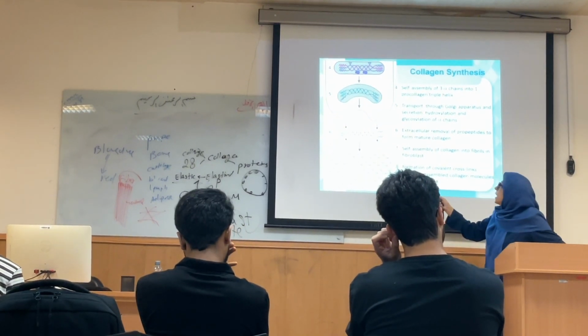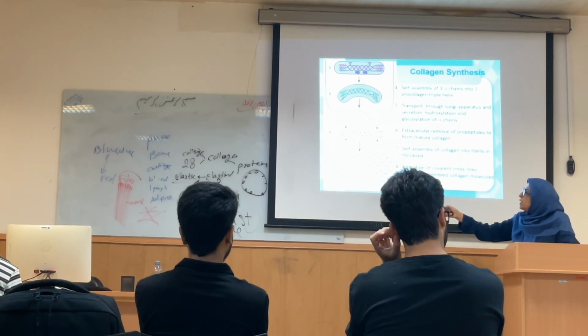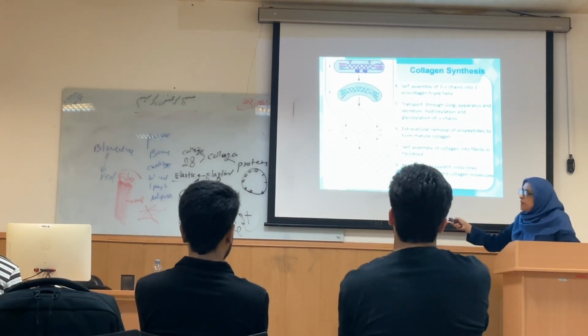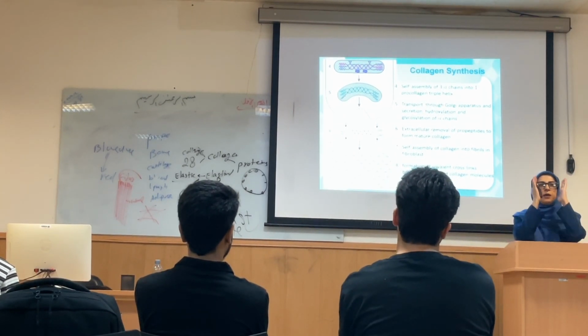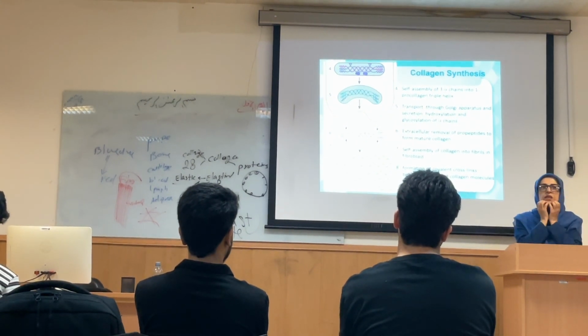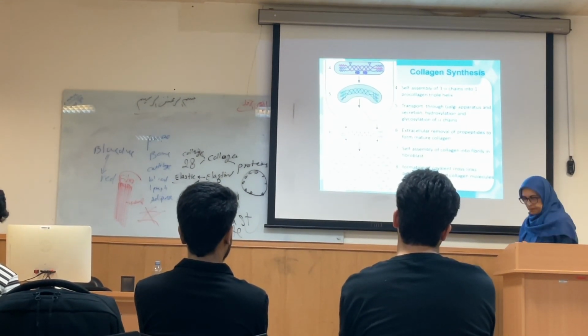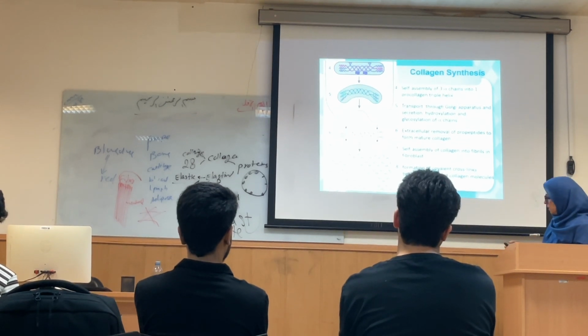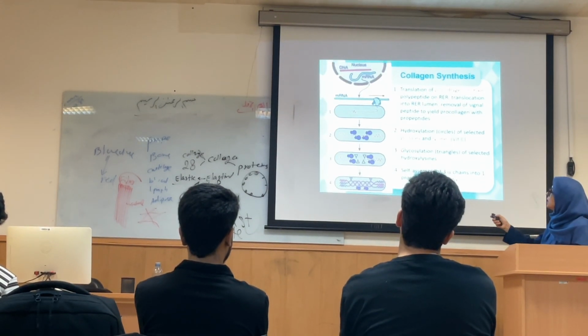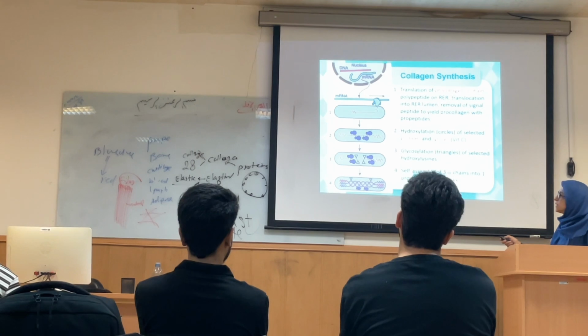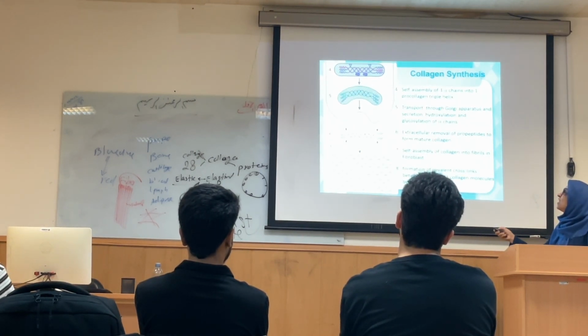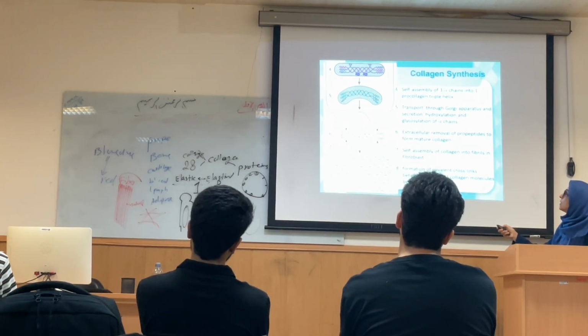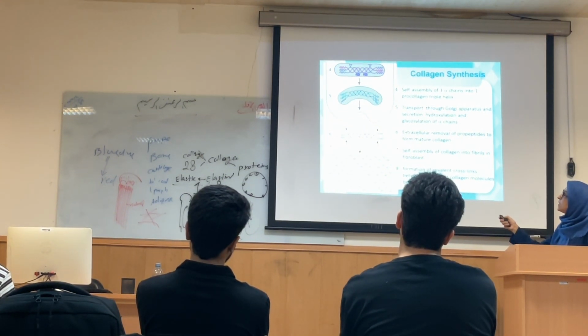When this part is removed from the two ends of the collagen, they assemble together again and form the collagen fibers or collagen fibrils. One important thing is that hydroxylation occurs in the ER. The second is that they form a triple helix procollagen in the ER, and these peptides are removed to form collagen fibers in the ECM.